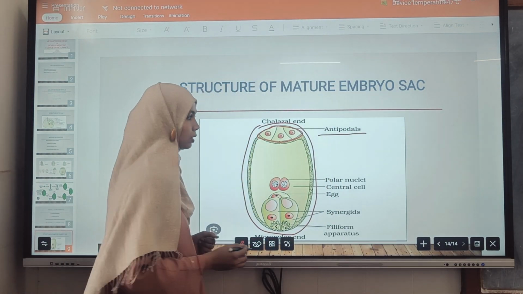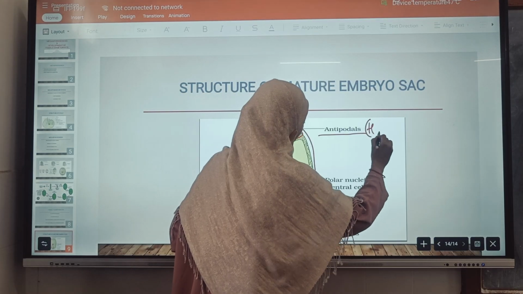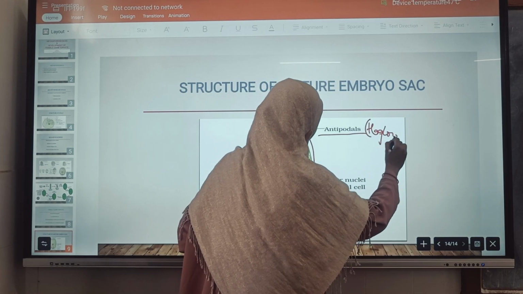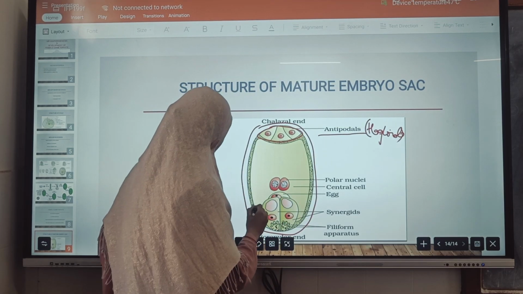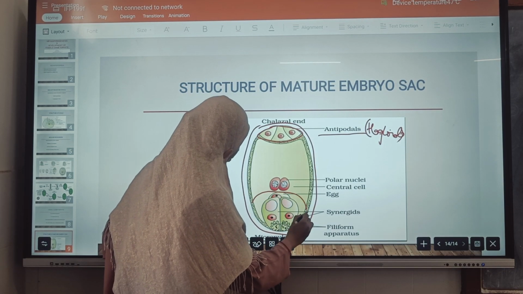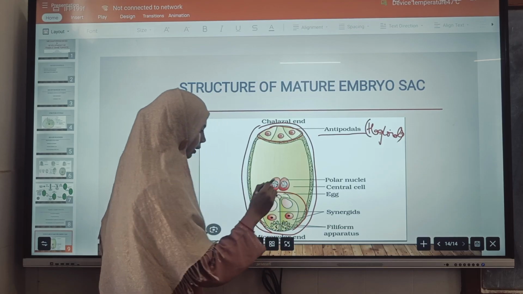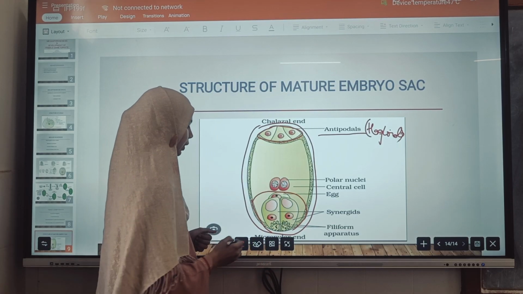These antipodals are haploid cells. Again, the 3 cells which are formed at the micropylar end are called the egg apparatus.